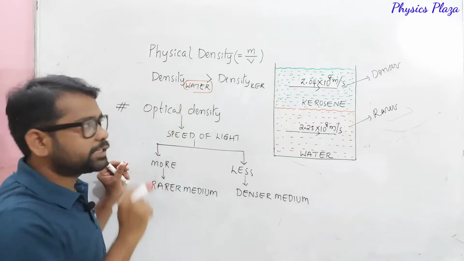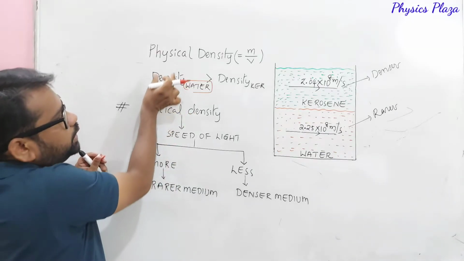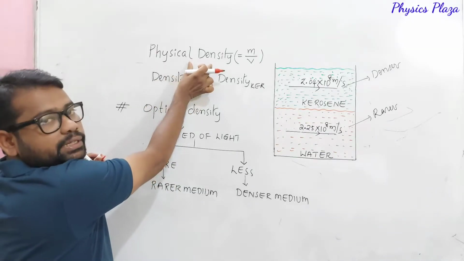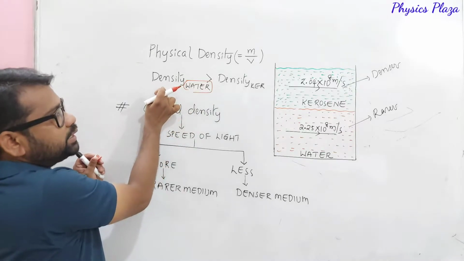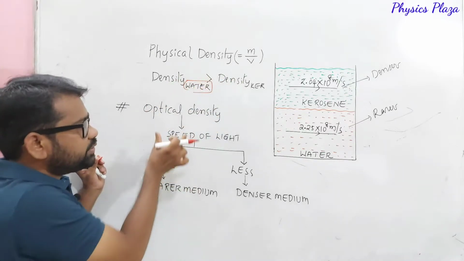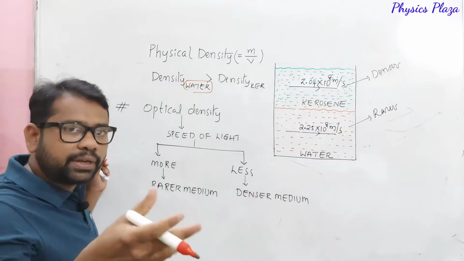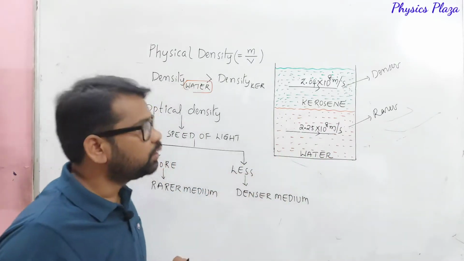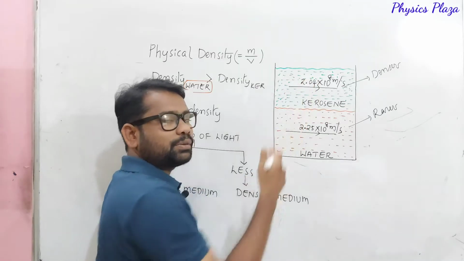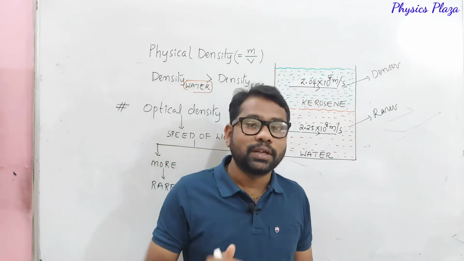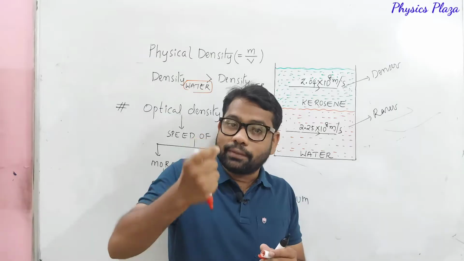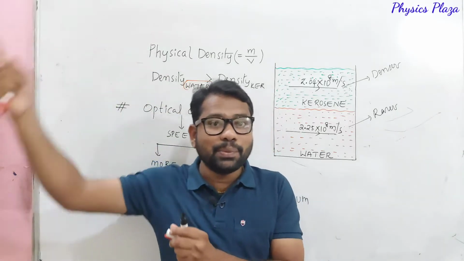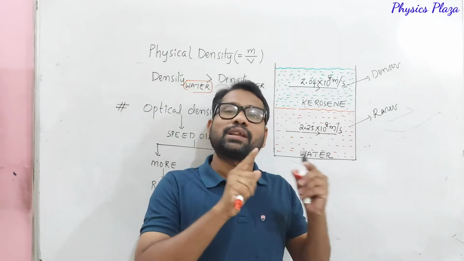Let me conclude once again, children. When you consider physical density, water has more density than kerosene. But when you consider optical density, that is the speed of light, water is a rarer medium, whereas kerosene is a denser medium. So, what is a denser medium? The medium in which light travels slower compared to another medium is called a denser medium.